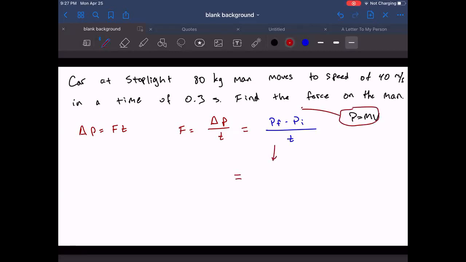I want to put that into there. So I just want to put it in for the final momentum. I know that momentum is mass times velocity. So it's some mass times a final velocity minus the mass times initial velocity. Good enough? Sure. Yeah, that makes sense.